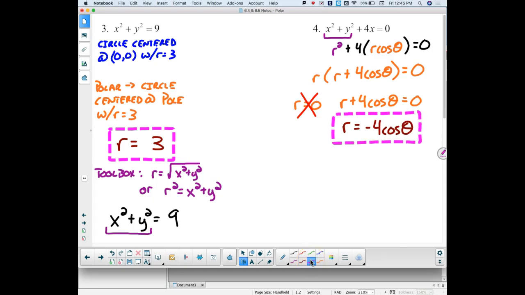Now, let's talk about those two. This one and its rectangular one. Rectangularly, it was x squared plus y squared plus 4x equals 0.